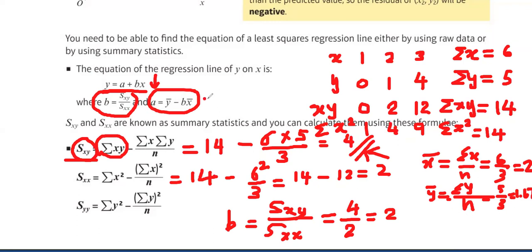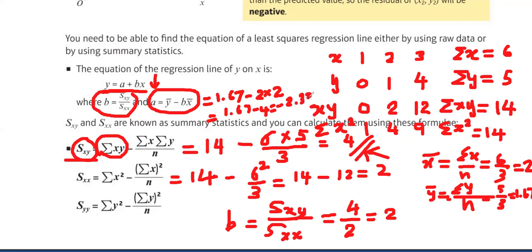Therefore, a equals y bar 1.67 minus b, 2, into x bar, how much? 2. Therefore, 1.67 minus 4 equals minus 2.33.